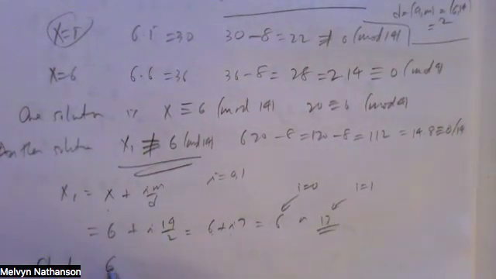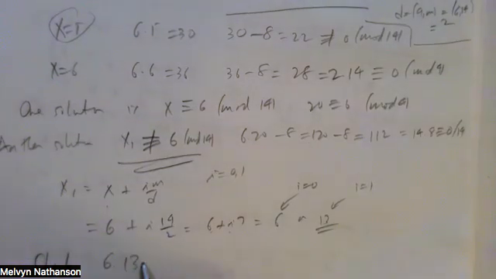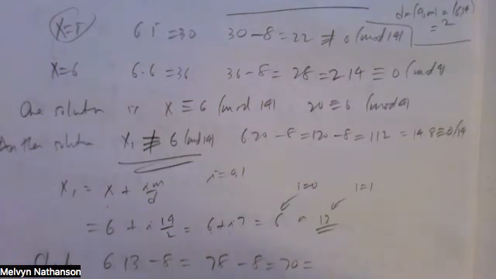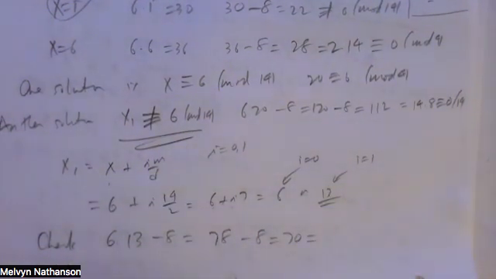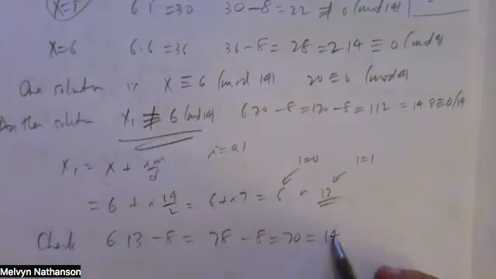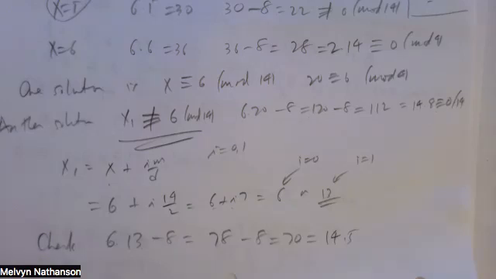Let's check. 6 times 13 is 78, minus 8 is 70. Is 70 divisible by 14? Yes, 14 times 5. So 13 is the other solution.